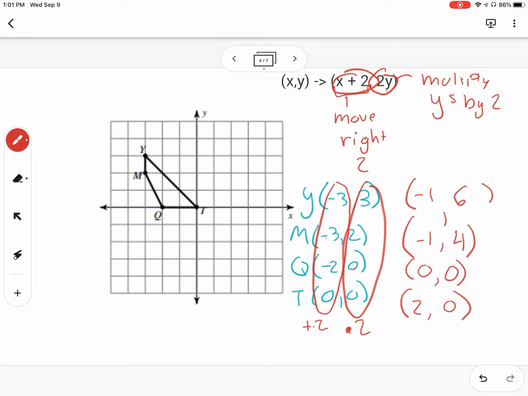So then, we'll take our points, and I'll put them. Negative 1, 6, negative 1, and 4, 0, 0, and 2, 0. There we go. So as we can see, it moved over, like I said it would, and the y made it stretch taller. There you go.